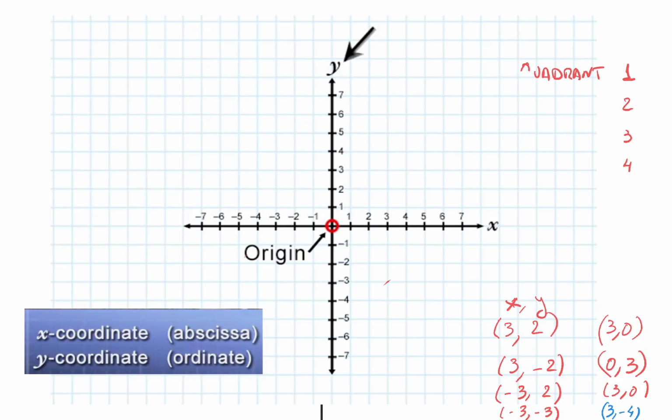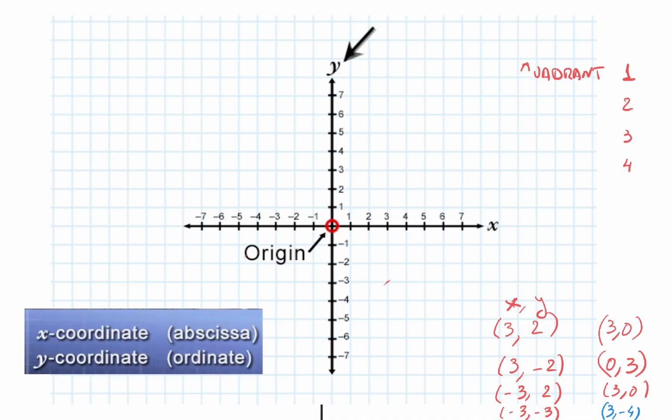In this way, if the x says 3, you walk 3 steps in the x direction. So 1, 2, and 3. So you are here now. And now if the y is 2, you walk 2 steps going vertically, because the y-axis is a vertical axis.